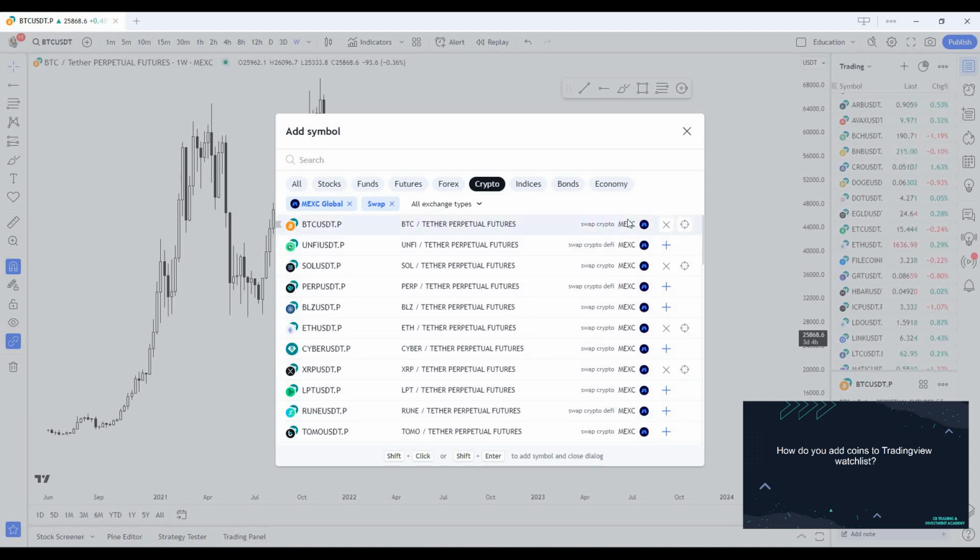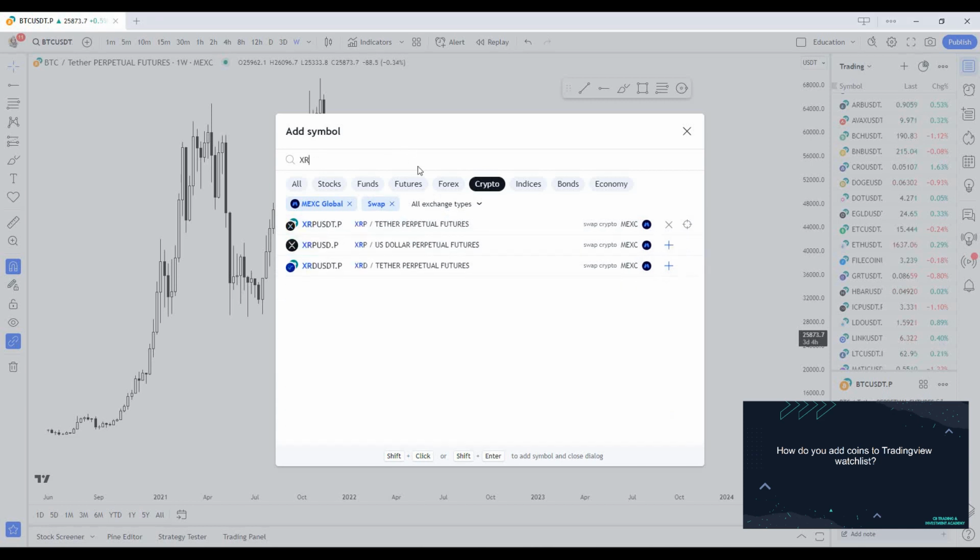So you only see the futures contract pairs of Maxi. That makes it a little bit easier to add them, because if I now search for, let's say, Ripple XRP, I will only see the USDT and the USD futures contract on Maxi.